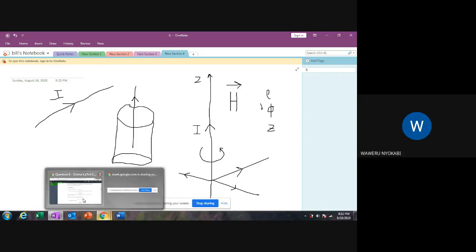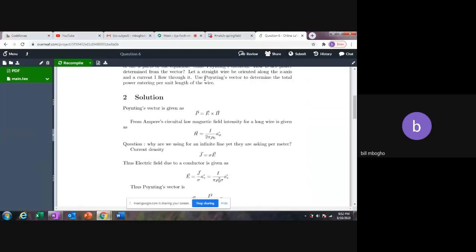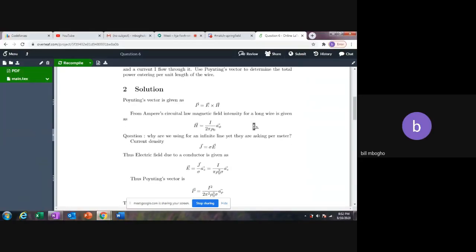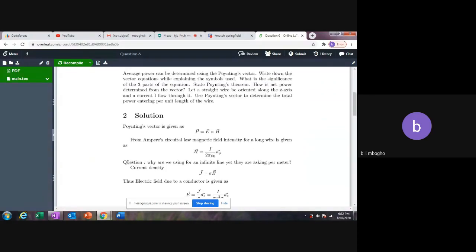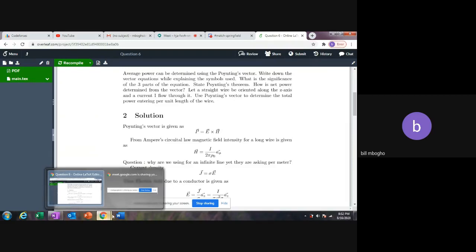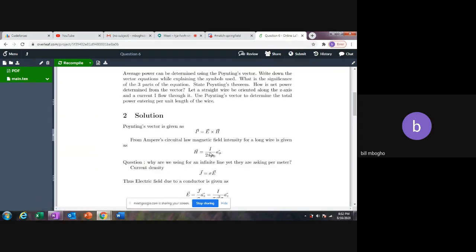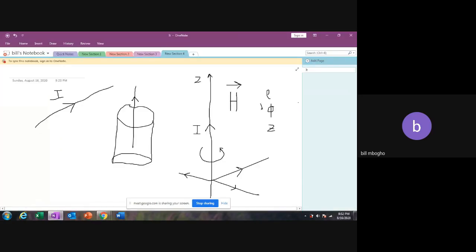Let me check. Yes. Oh, so there was a question, a confusion point. Why are we using the infinite line formula, yet they are asking per meter? This equation, I over 2 pi rho, gives us the H for an infinite line.